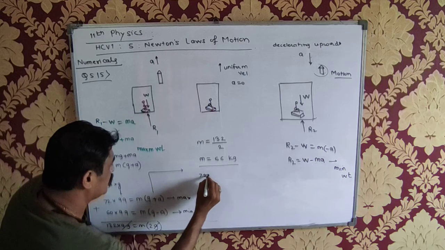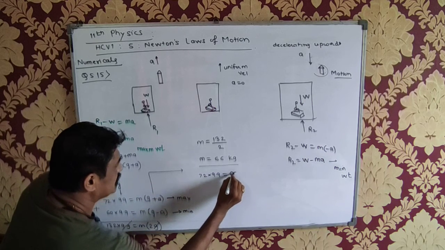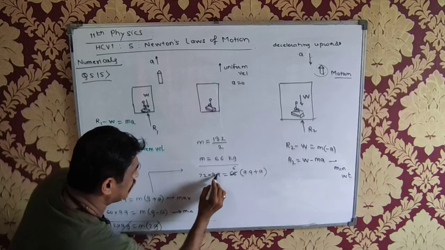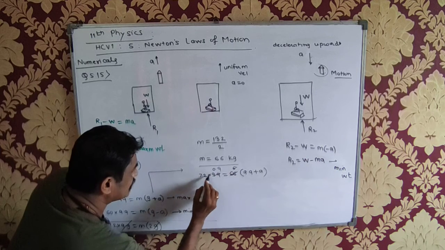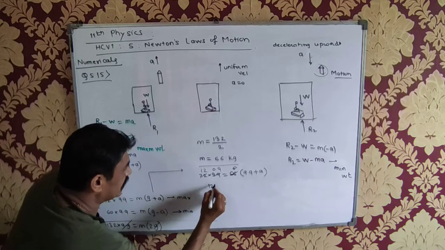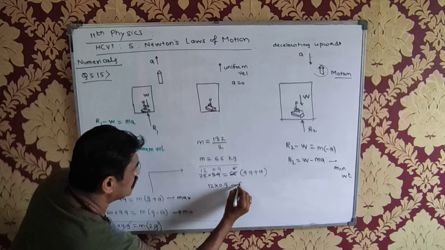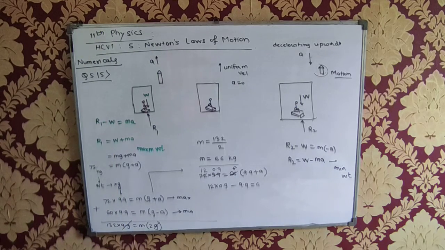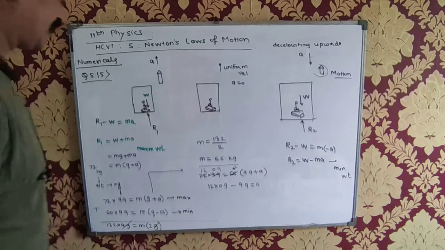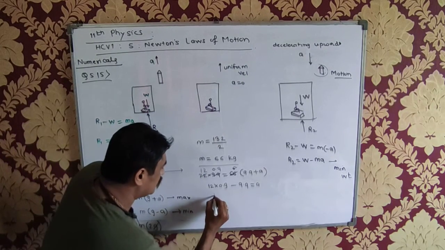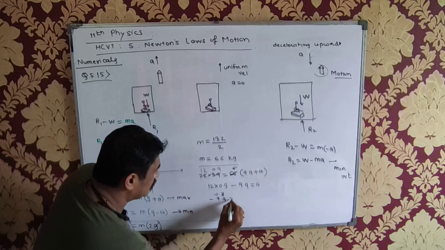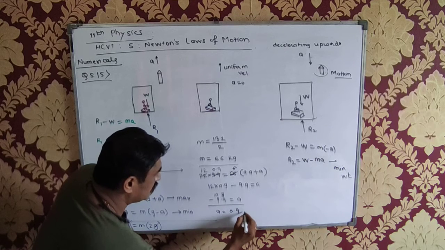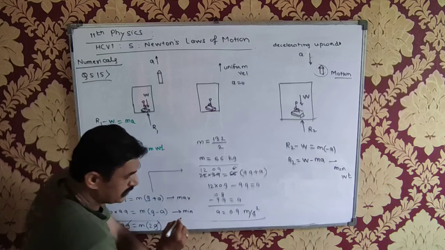This will become 72 into 9.9 is equal to 66 into 9.9 plus a. Well, 66 into 9.9 minus... 72 into 9.9 minus 66 into 9.9 is equal to 6 into 9.9, so this will become 10.8 minus 9.9 is equal to a, and therefore a is equal to 0.9 meter per second square. Please check the answer.